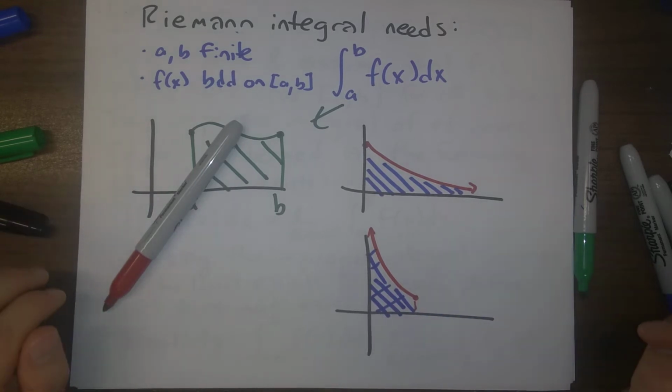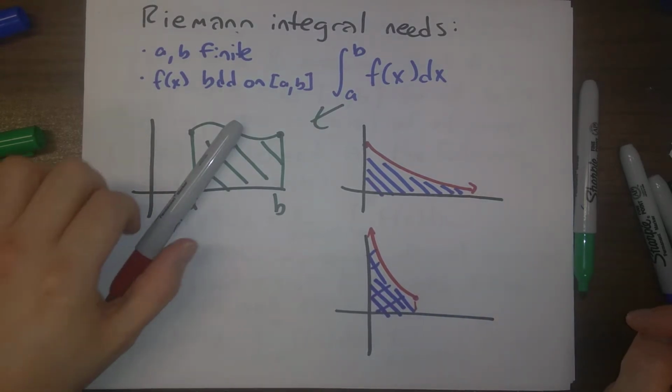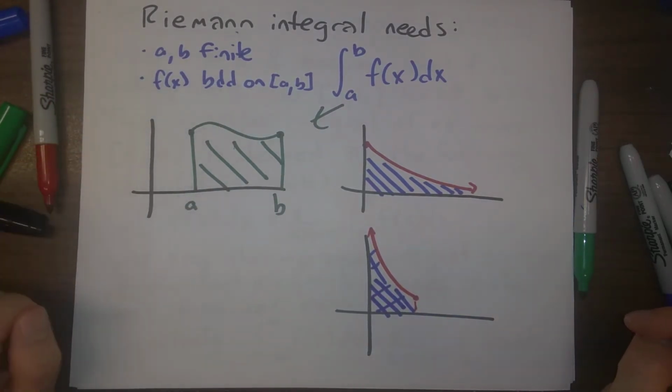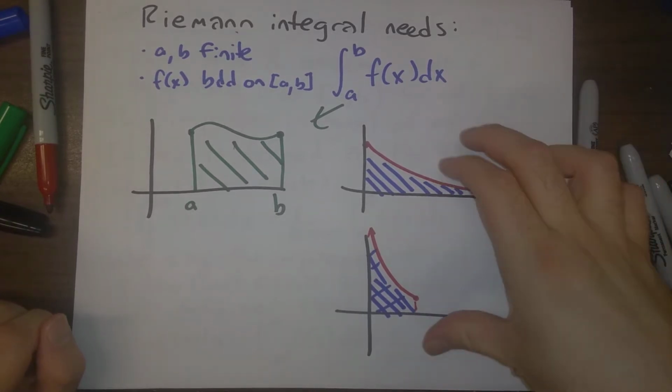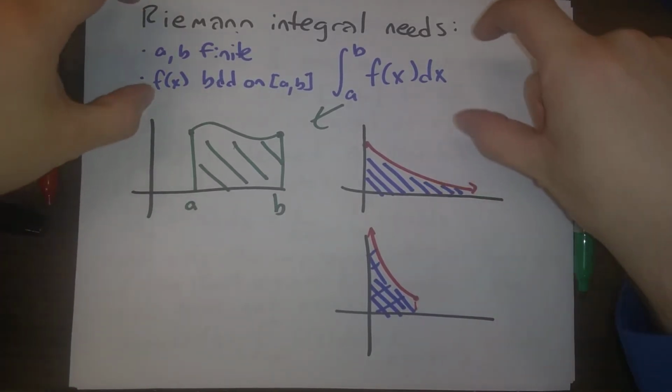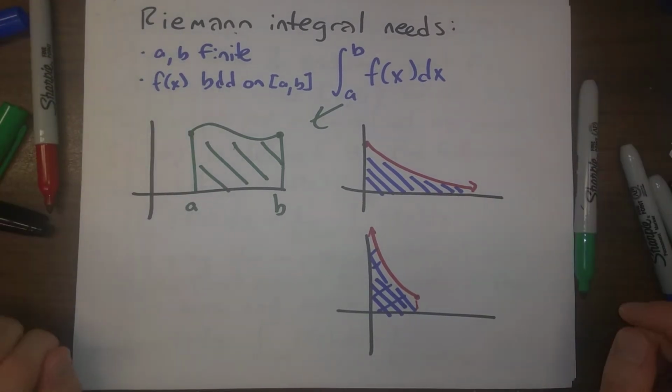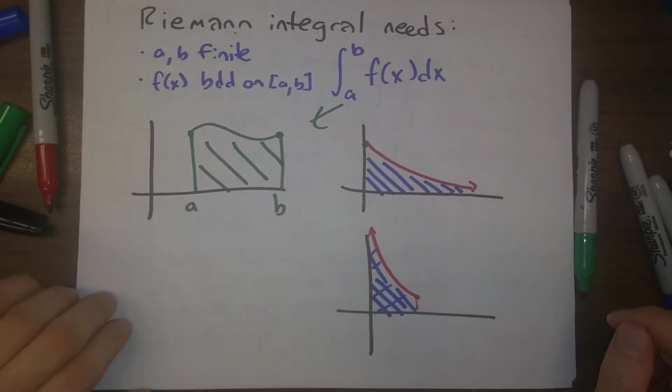So here we have a vertical asymptote. And once again, we'll want to be able to compute this area under this curve in some limiting sense, and maybe it's finite, maybe it's infinite, but these are questions that we want to consider that just can't get covered by the original Riemann integral definition.